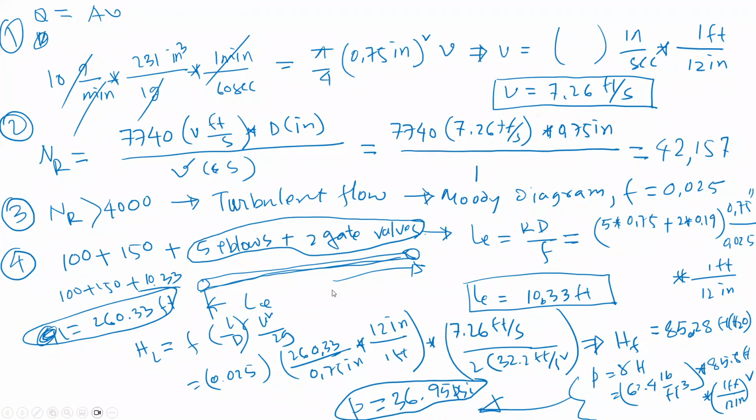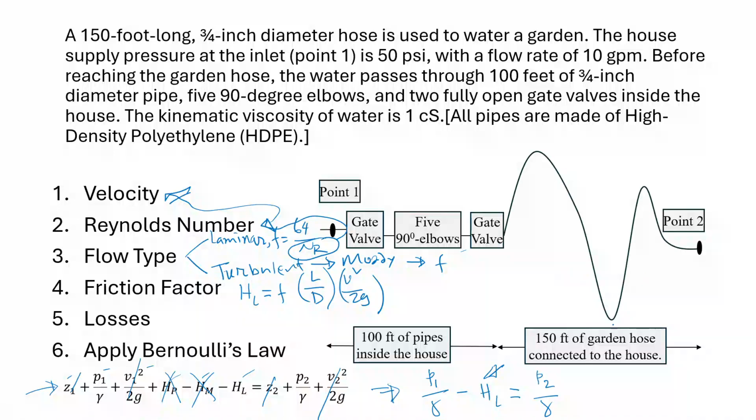If we go back to Bernoulli's law, the first page right here, in here we calculated in the pressure head equation, but here we had 50 psi, and the total pressure loss we calculated between point 1 and point 2 was 36.95 psi.